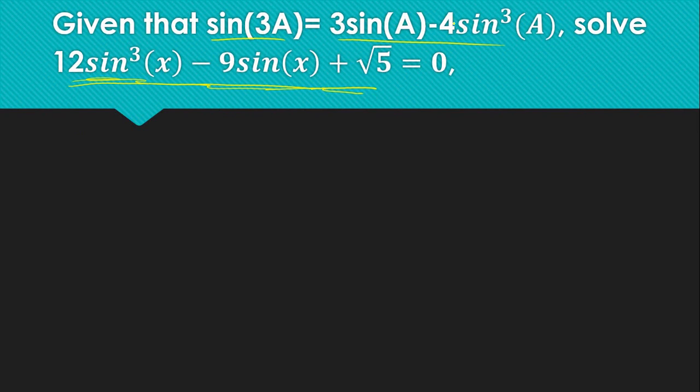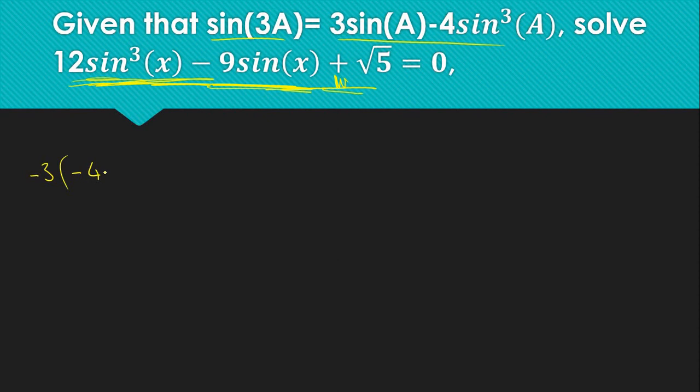Now, to do that, just look at the coefficient of the sine cubed. It's -4. Well, there must be something that when I multiply it by -4, it produces 12. So that would be -3. If I multiply this whole thing by -3, I produce this chunk here, not including the plus √5, obviously.